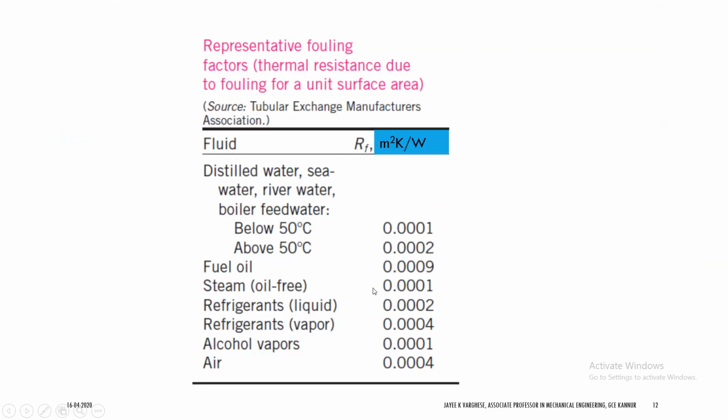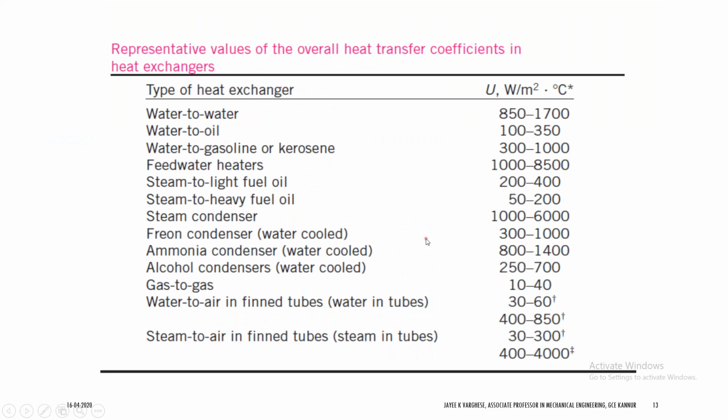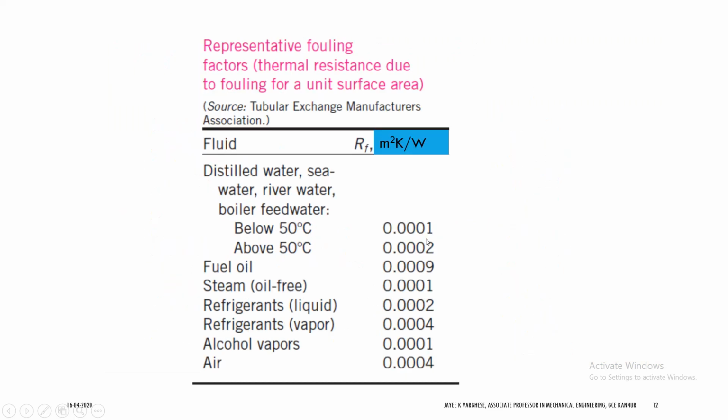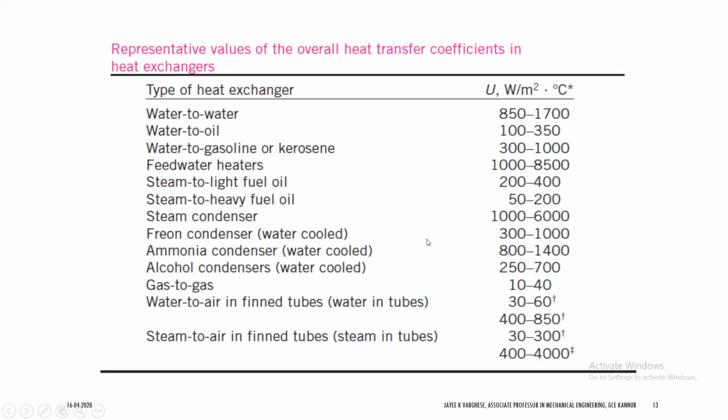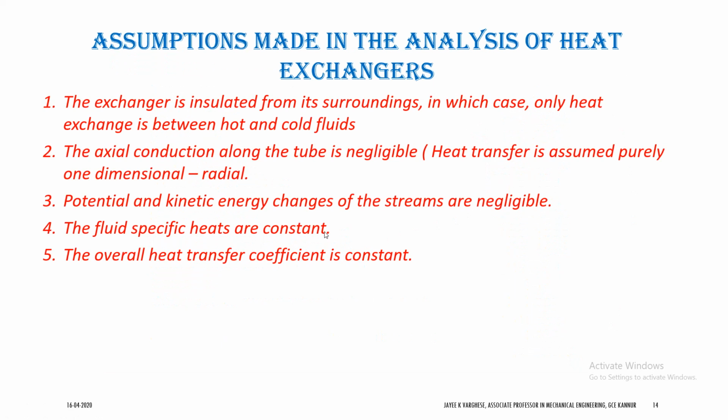Then there are certain values for the fouling factor which can be taken from the data book, and some values for the overall heat transfer coefficient, just for an idea, not to be used for solving problems. And finally, the assumptions made in the analysis of heat exchangers.